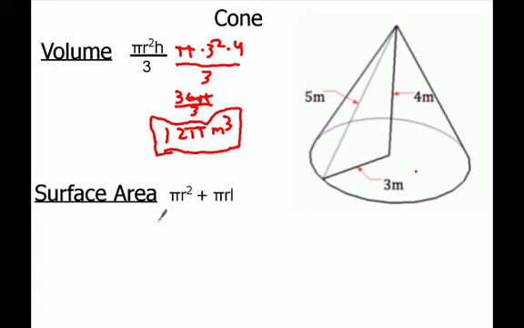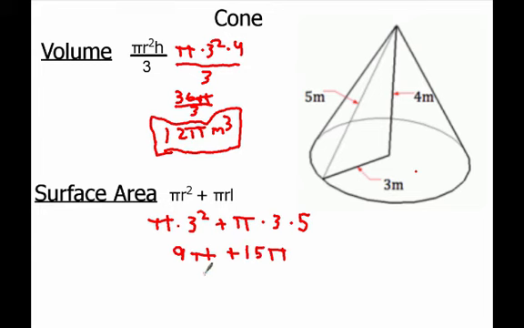So if we work that out, that's pi times 3 squared plus pi times 3 times 5. 3 squared is 9, so over here I get 9 pi. 3 times 5 is 15, so over here I get 15 pi.